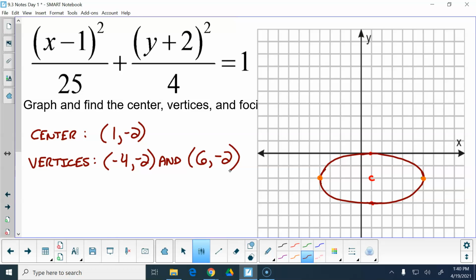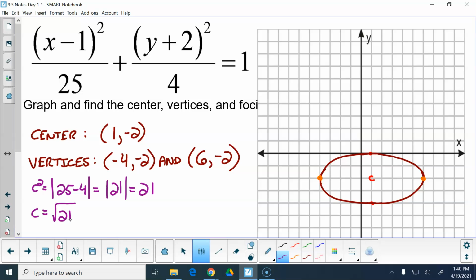Yeah. Then I need to do my foci work. So C squared is going to equal the absolute value of 25 minus 4. 25 minus 4 is 21. So C is going to be the square root of 21.